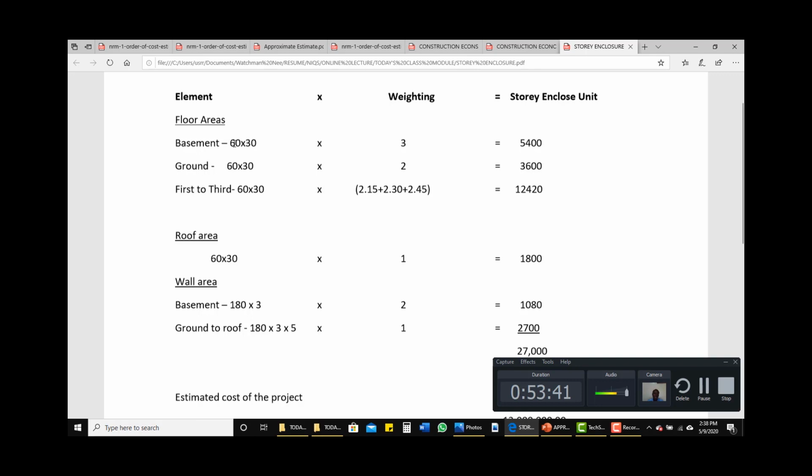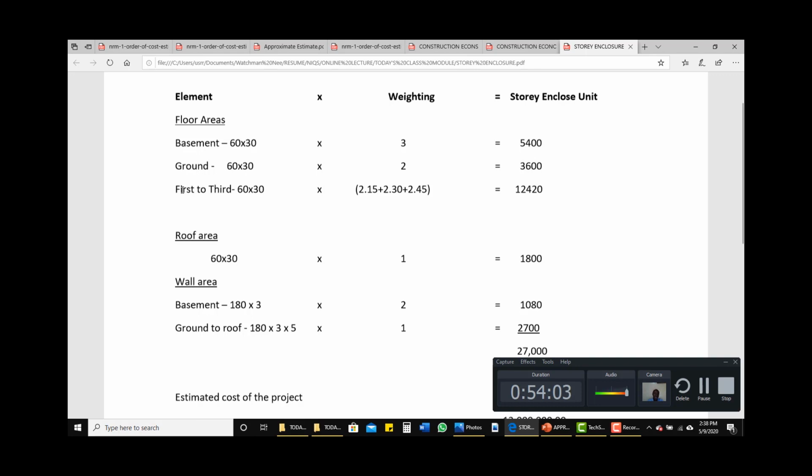So we multiply 60 times 30, and that gives us 1,800, multiplied by 3 gives us 5,400. Then for the ground floor area, that is the length times breadth, 1,800 multiplied by 2 gives us 3,600.